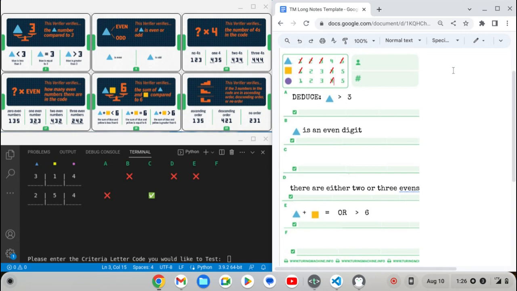Okay. And we did sort of deduce that there had to be only 2 evens, not 3, because of the ordering. So it could be 6. So I guess it could be 4, 2. But then how do you distinguish?